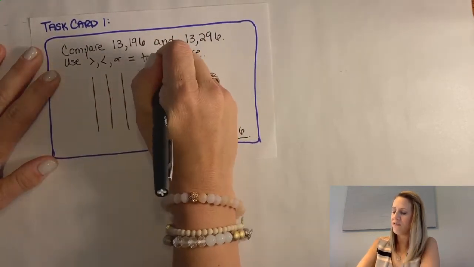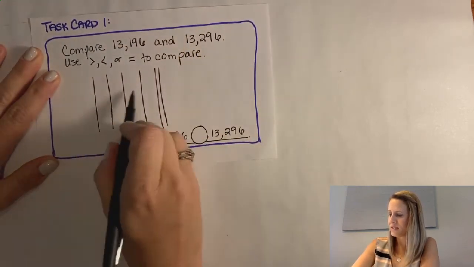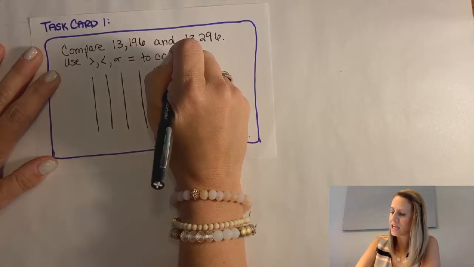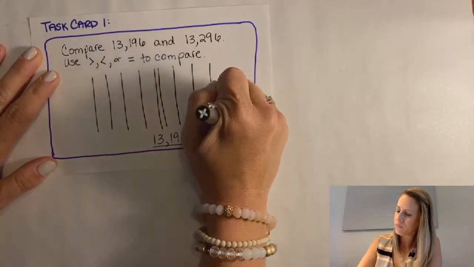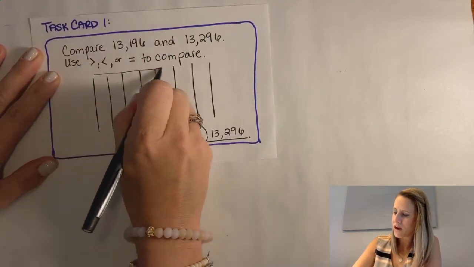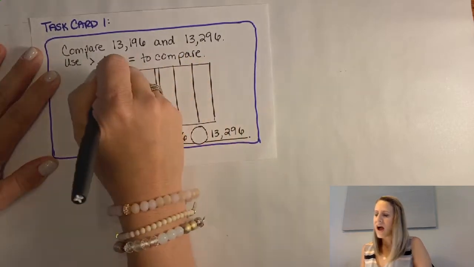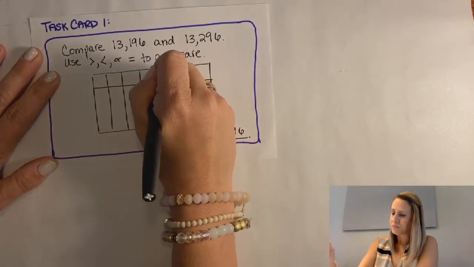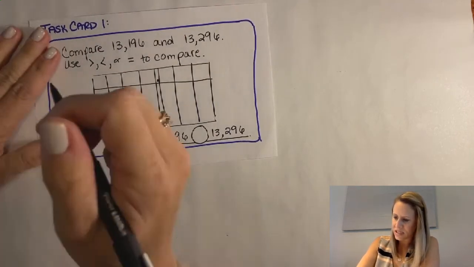We usually have 4 spaces to the left and 3 spaces to the right as we've been creating our place value charts, with our decimal here in the center. So if I want to write the number, let's see, I have ones, tens, hundreds, thousands.